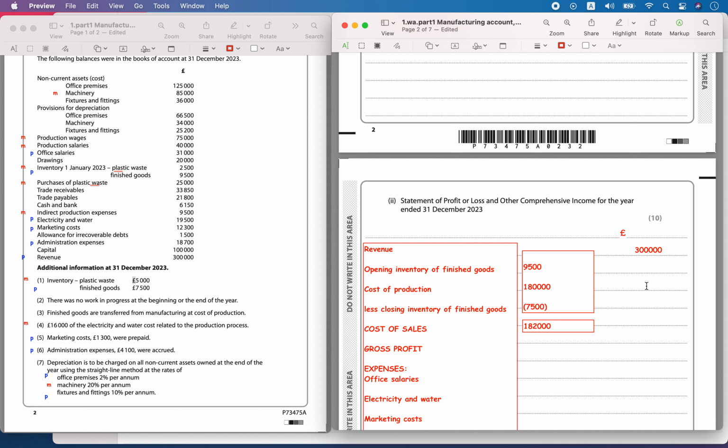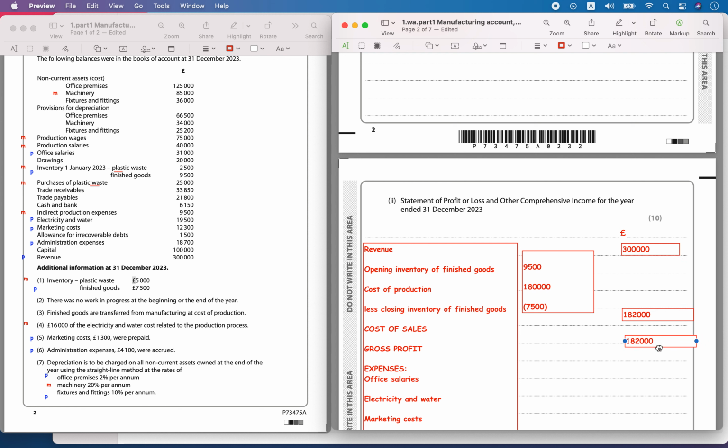Let me write the revenue separately here. So this is going to be my cost of sales. The next one is, I'll have to calculate gross profit.